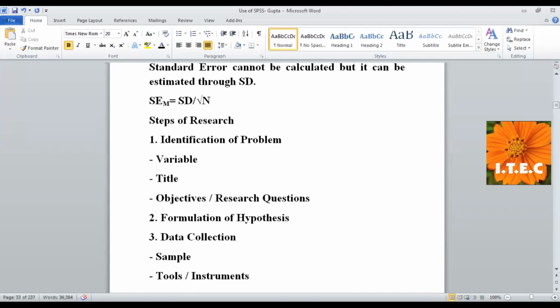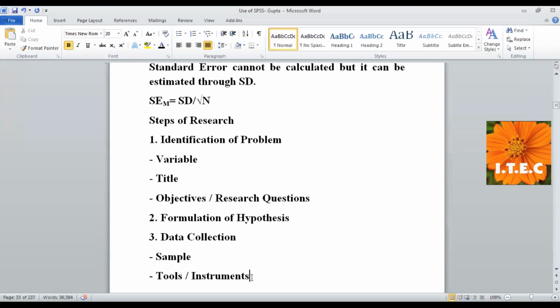And understand now, the quality of your research will depend upon the quality of your tool. I repeat this particular point. The quality of your data will depend upon the quality of the tool.